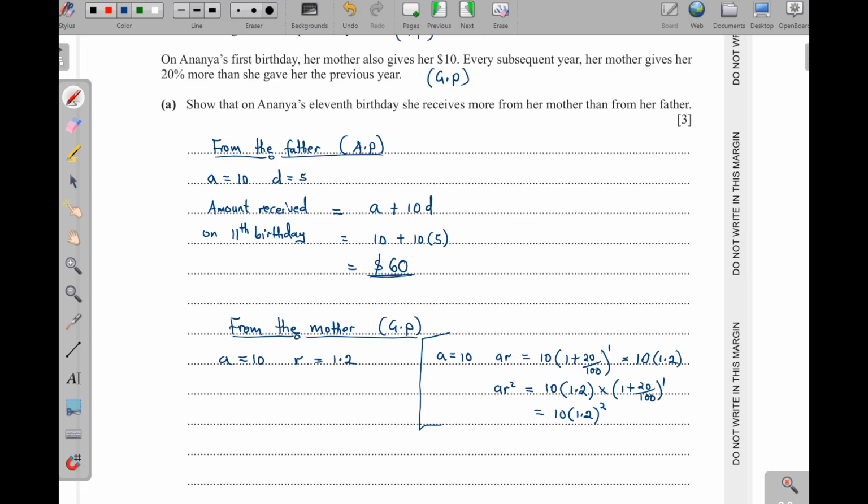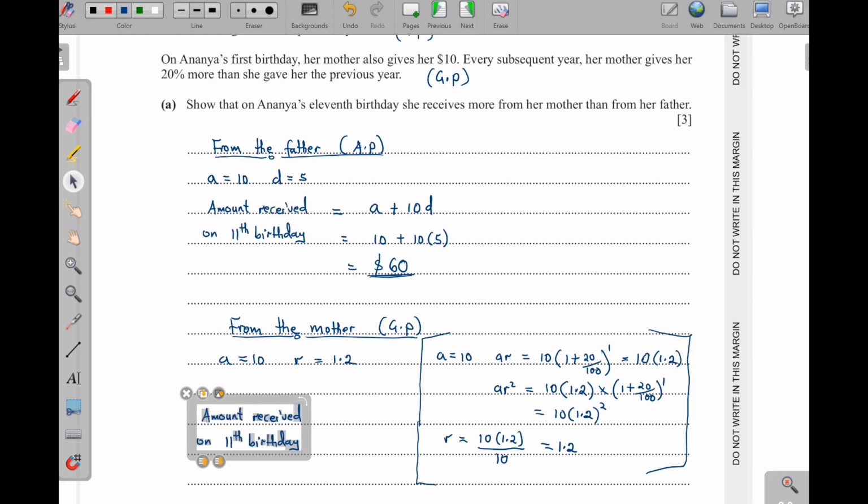So if I want to get R, then I can say the one in the second term here, which is 10 times 1.2, then I divide by the first term here, which is 10. Don't you get 1.2? So that is that.